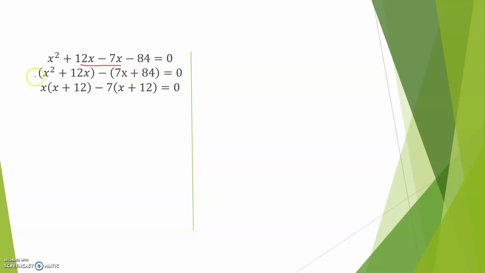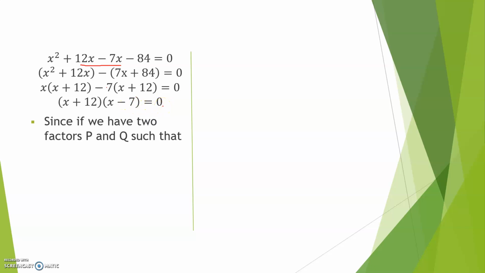Now we will take x common in the first expression, so we get x into x plus 12, minus, and 7 will be taken common, so we have 7 into x plus 12 is equal to 0. Now again x plus 12 is common in both terms, so we take x plus 12 as common and we get x plus 12 into x minus 7 is equal to 0.